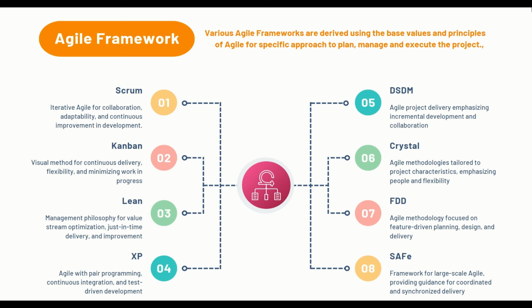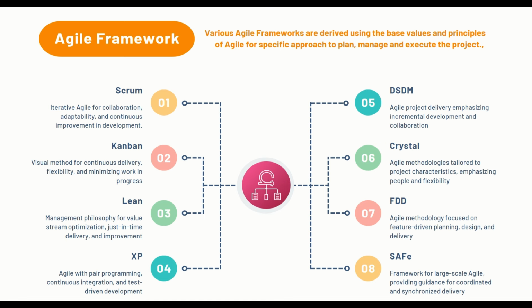So what it means, Scrum is one of the agile frameworks. Agile is a project management methodology. Under agile there are different frameworks which primarily follow the core values and principles of agile, but also have their own approach. Scrum will have something to differentiate it from other frameworks.